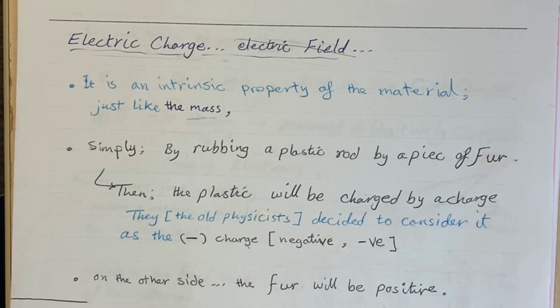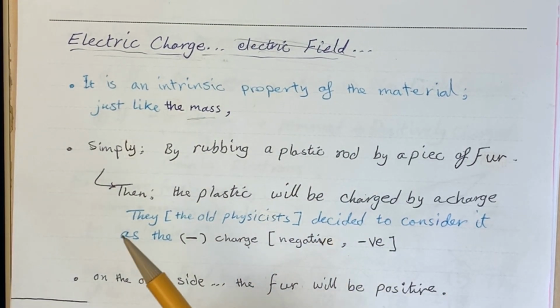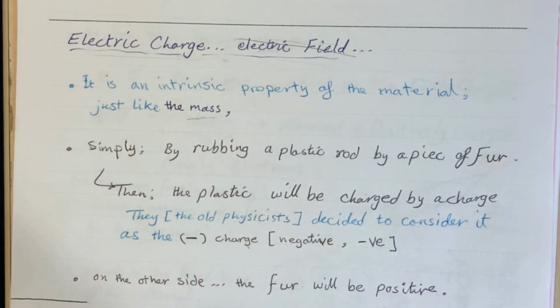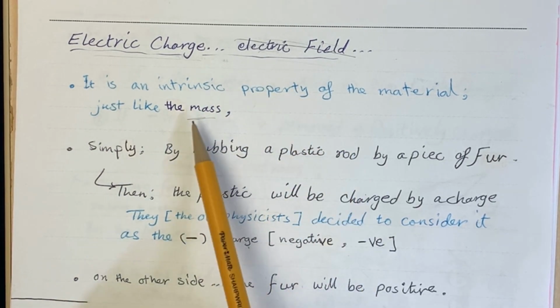What is the electric charge? Actually, it's a thing. Anything in this universe is a thing. This thing is considered to be a physics quantity, just like the mass, like the weight. It's an intrinsic property of the material, just like the mass.